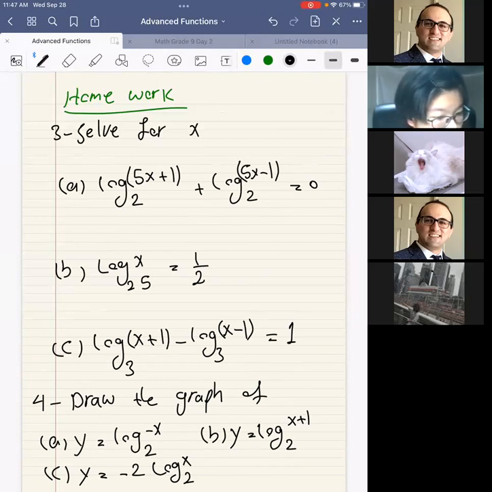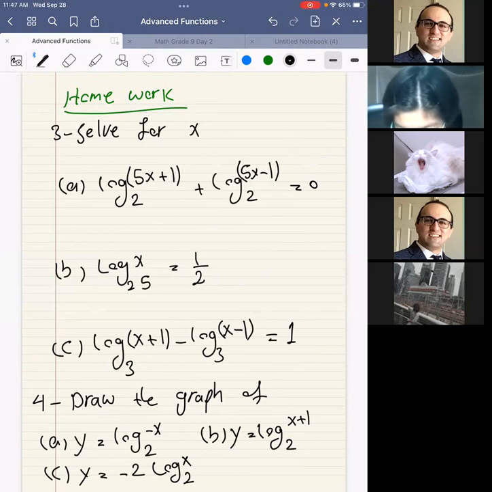So just look at question 3, part B. Part B is easy because when you say log of x with base 25 equal to 1/2, that just means x equal to 25 to the power 1/2. Right? What is 25 to the power 1/2? 5.